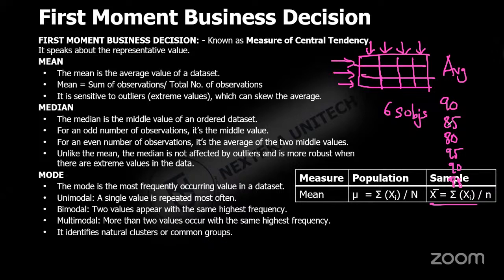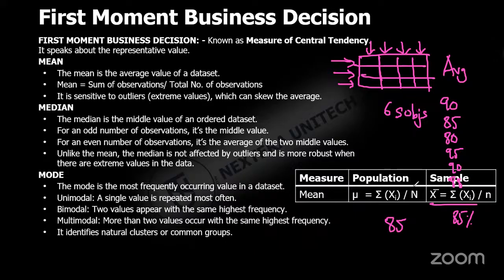So in short, the average is giving us the center value, and this center value will represent the entire data. If my average mark is 85, that doesn't mean I secured 85 in all the subjects. No. 85 is my average mark.